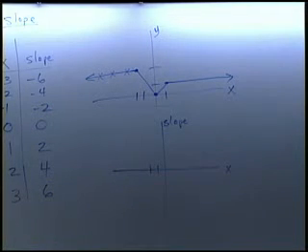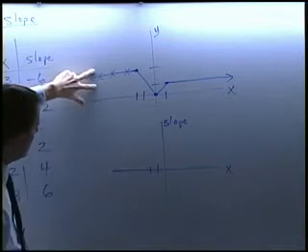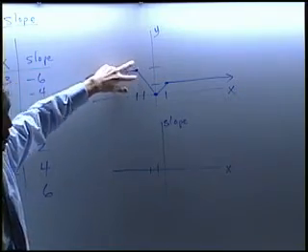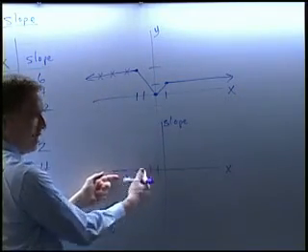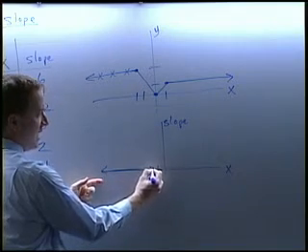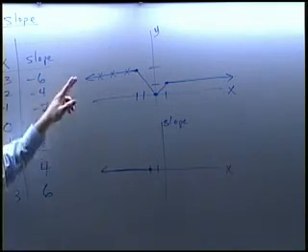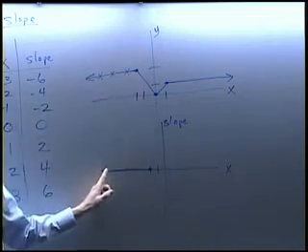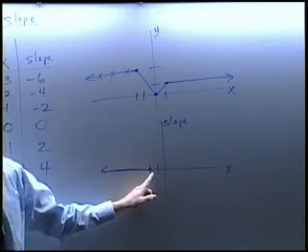Since it's a straight line going across, what's the slope? Slope is 0, isn't it? The slope of any horizontal line is always 0. So on my graph down here, I need to graph a whole bunch of zeros until I get to that point, because the graph is up here, but the slopes are all 0.